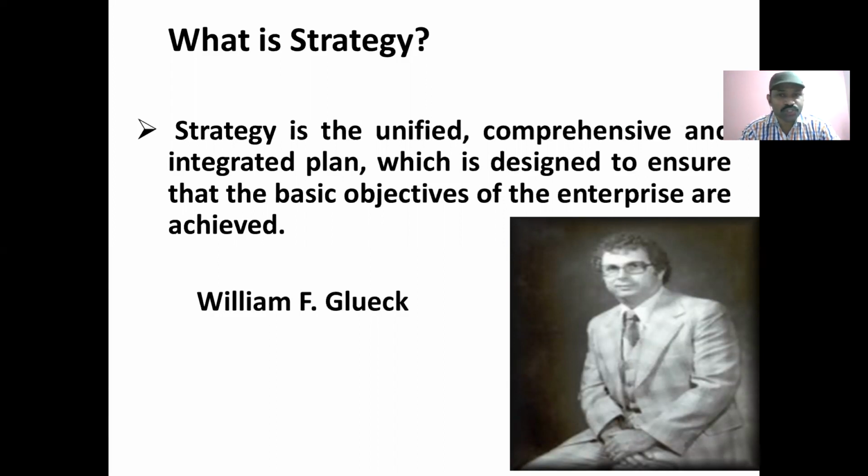Unified means the plan joins all parts of an organization together. Strategy is not confined to just a single department or a particular department. The strategy combines all elements of an organization together: production, marketing, HR, R&D, logistics, etc. Unified means the plan joins or combines all parts of an organization together.